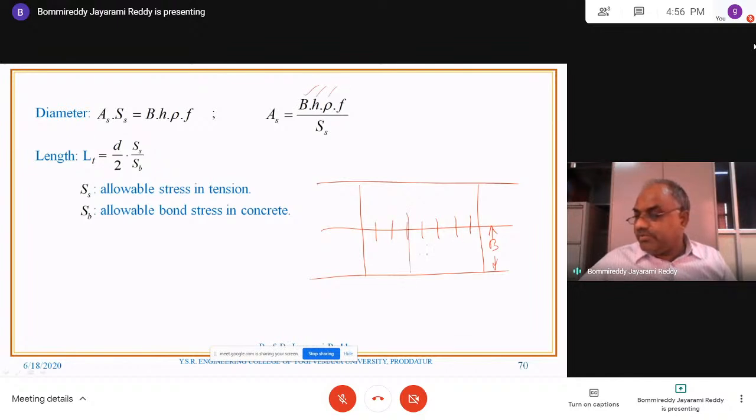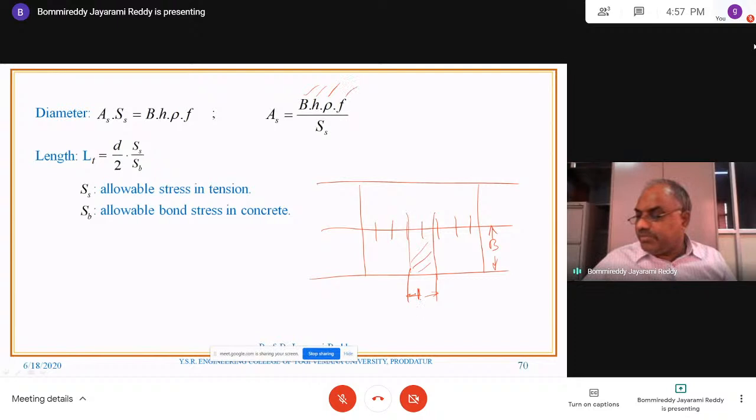You consider it as 1 unit. Length is 1 unit. And this entire area is 1 into B into height, into rho, multiplied by f.